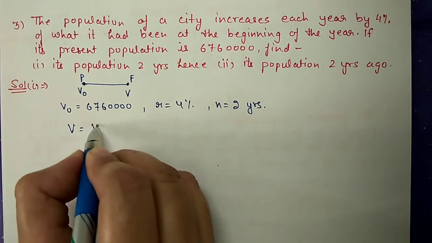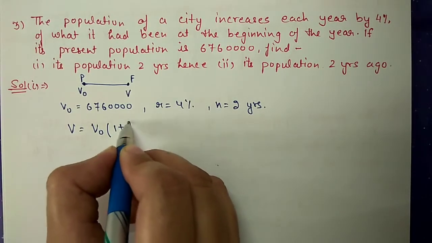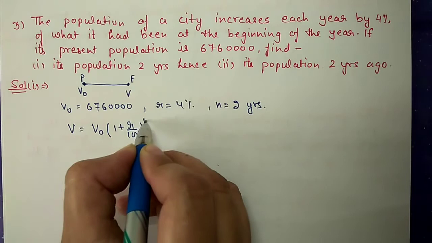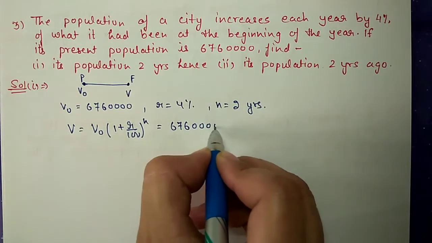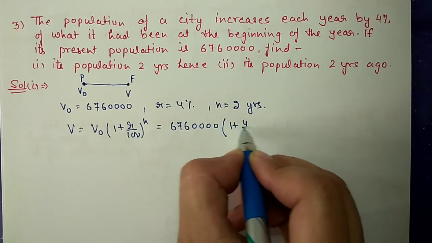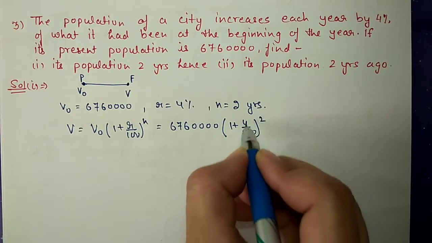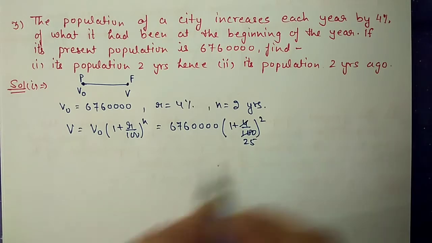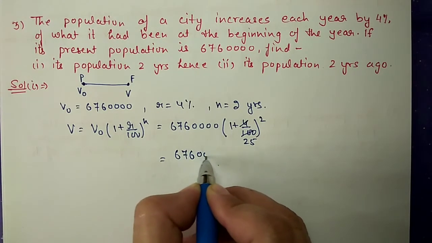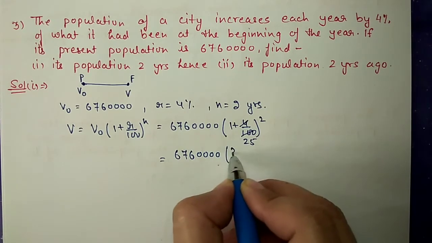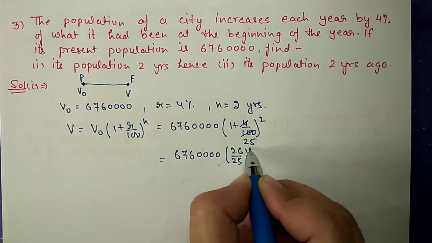So V is equal to V naught into (1 plus R by 100) to the power n. Substituting values here: 676,000 into (1 plus 4 by 100) to the power 2. This you can cancel, it goes 25 times, and then 676,000 into (26 by 25) to the power 2.